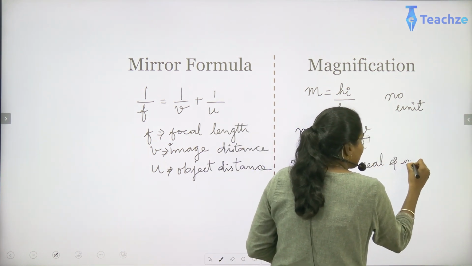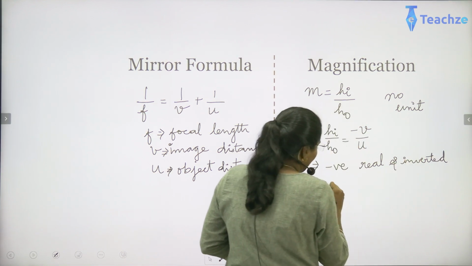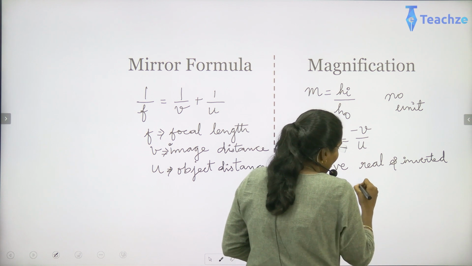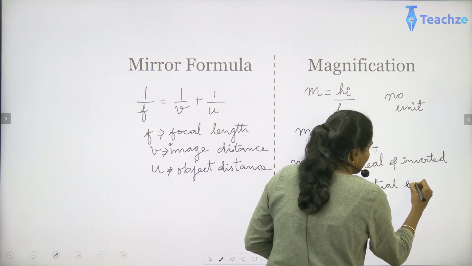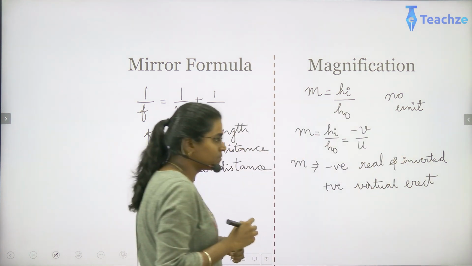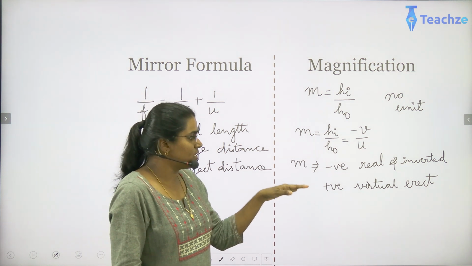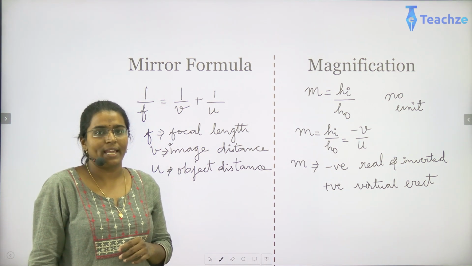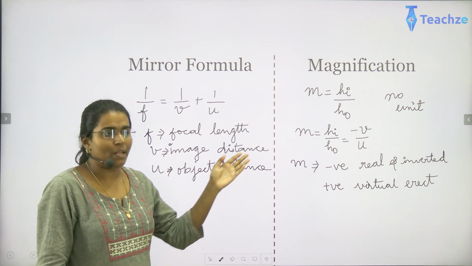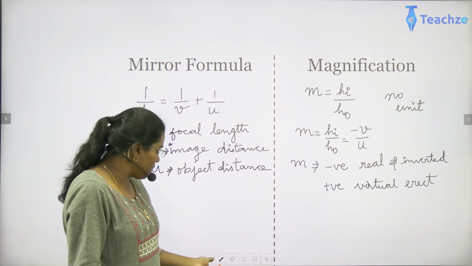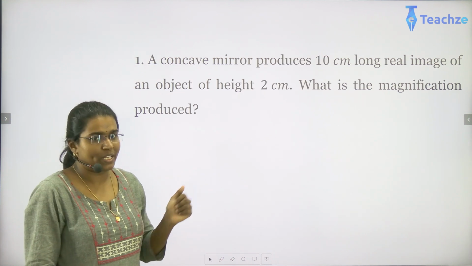It will be positive for virtual and erect images. Magnification is negative for real and inverted images and positive for virtual and erect images. So with sign convention, mirror formula and magnification, we will now see some of the problems that are usually asked.